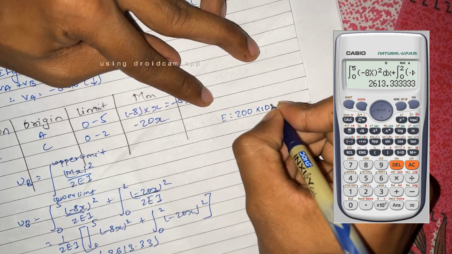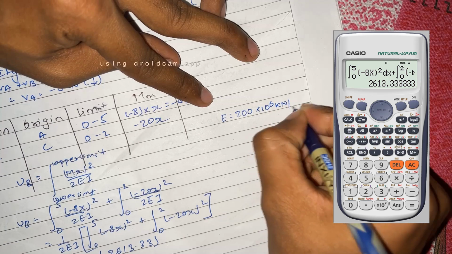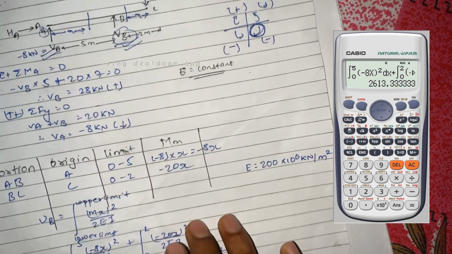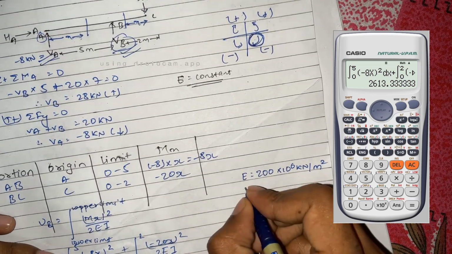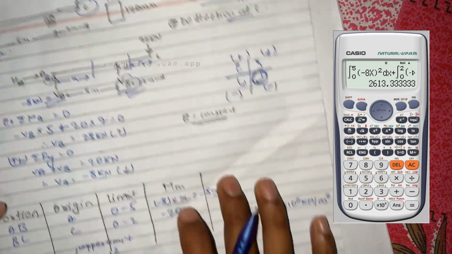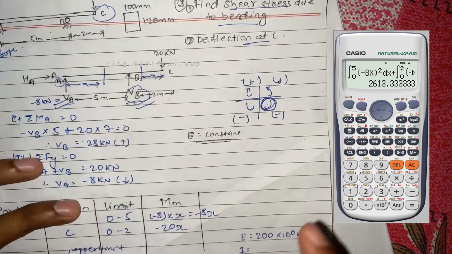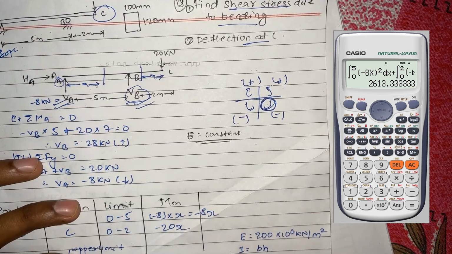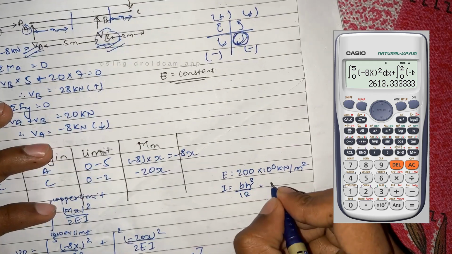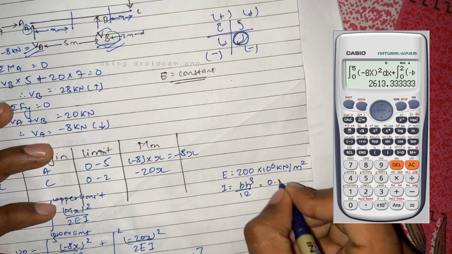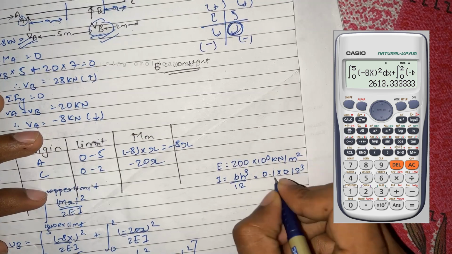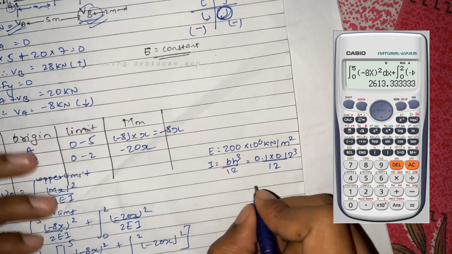So yes, the value of E is given as 200 into 10 to the power 6 kilonewton per meter square, since everything is in meters. And similarly we need the inertia. Since we have been given the length and the breadth of the box, we'll just apply the formula bh cubed by 12, and it will be around 0.1 into 0.12 whole cube by 12.